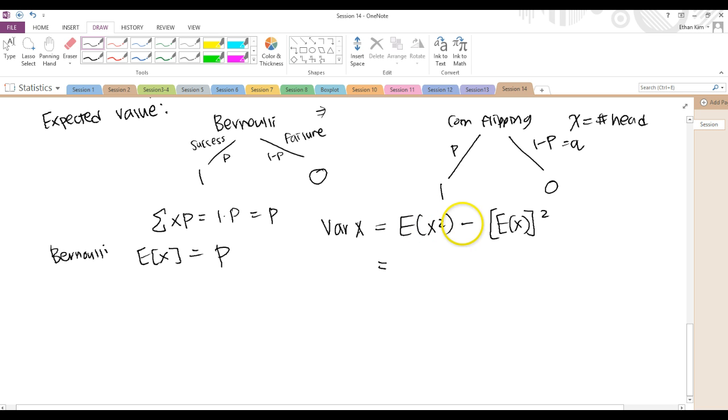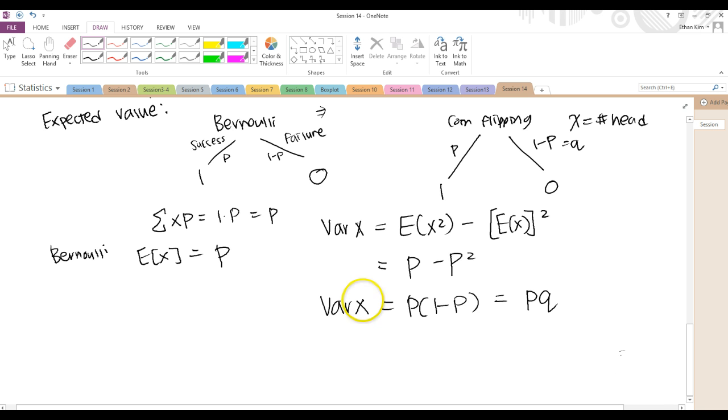The second moment is x squared times p, and x here is 1, so 1 squared is just 1, so this is going to be p minus p squared. This is the variance of x, and people just denote this differently because it looks better that way: you factor out the p, and you get p times 1 minus p, and this is exactly p times q. So this is the variance of x for Bernoulli.